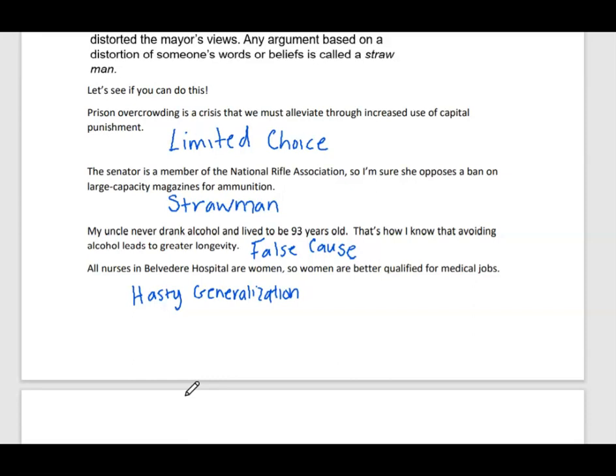That's how I know that avoiding alcohol leads to greater longevity. Well, it could be lots of other things too, right? So that's false cause. All nurses in Belvedere Hospital are women, so women are better qualified for medical jobs. That's a hasty generalization, right? Just because all the nurses in that hospital are women doesn't necessarily mean that men are not as qualified to work in medical jobs.